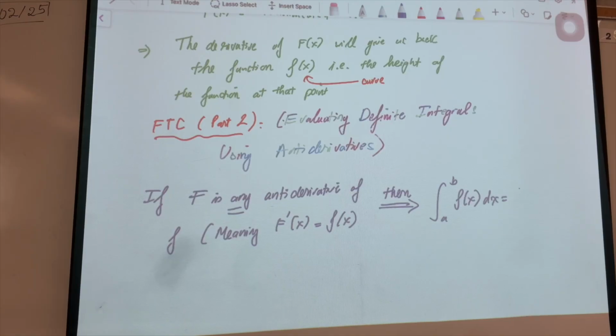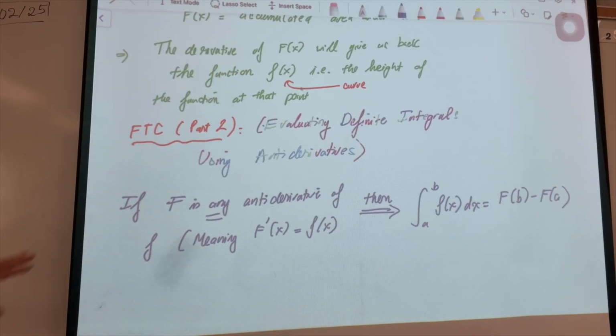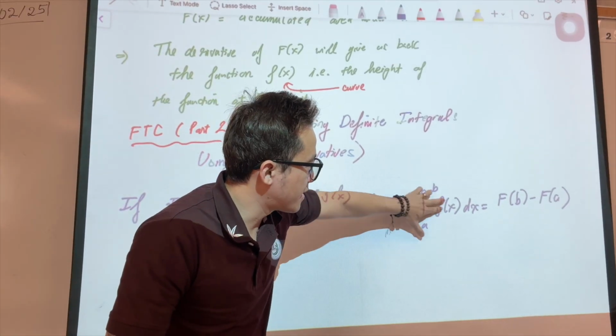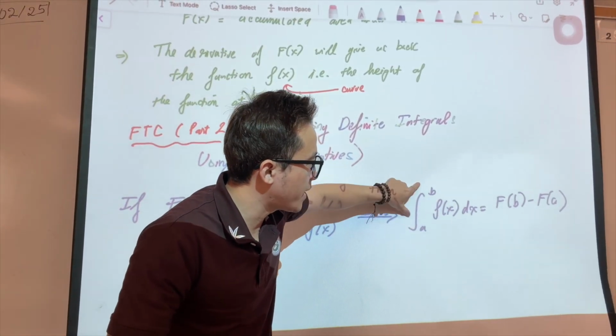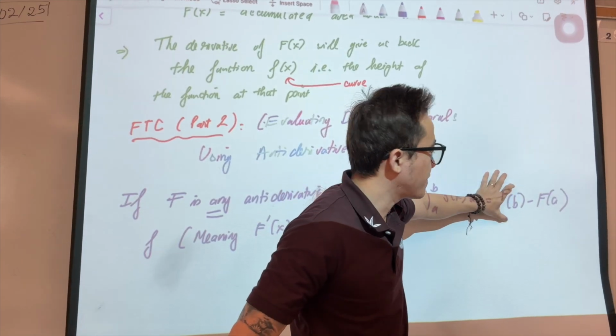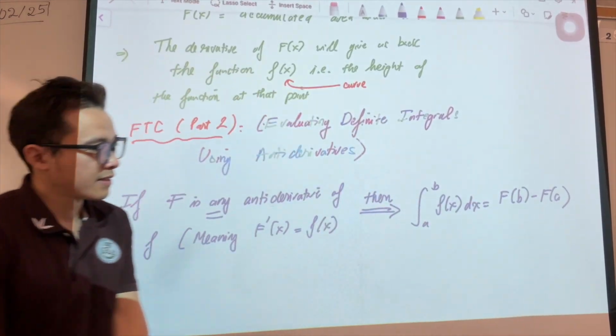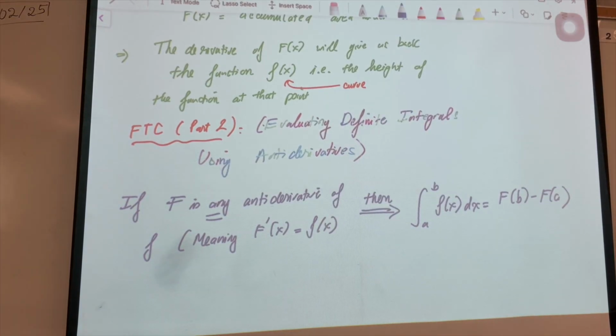It's so straightforward. That's why when I learned this, I'm like, what's the point? It just makes sense, right? Because we only learned this. It's just saying, again, part 2 is just evaluating. If you have the integral of the function from A to B, that means you're just finding the height from B minus the height from A. That's it. So that's what they're saying. Why do we need to learn this?